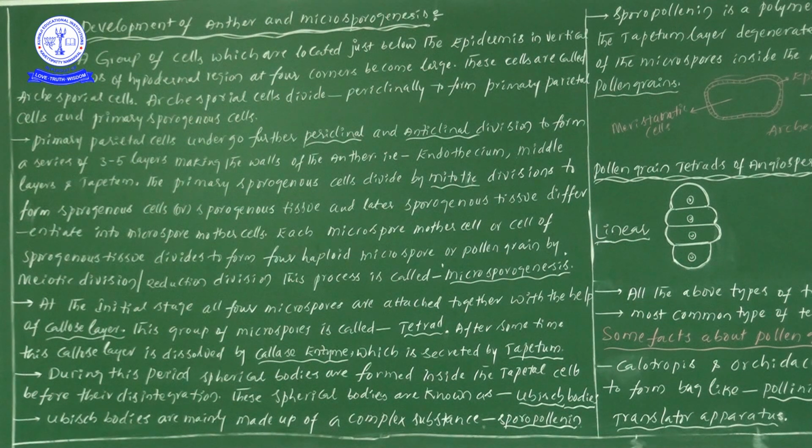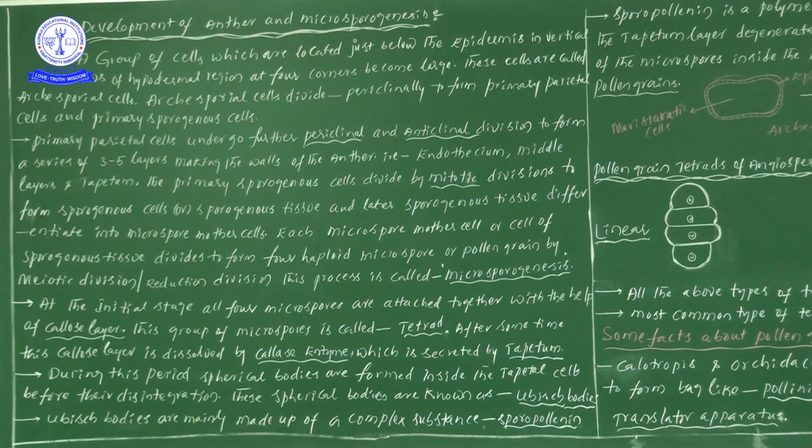Spherical bodies means small particles like grains, which we have already seen forming within the tapetum cells in the previous video. Those spherical bodies are formed inside the tapetum cells before their disintegration. These spherical bodies are known as Ubisch bodies.